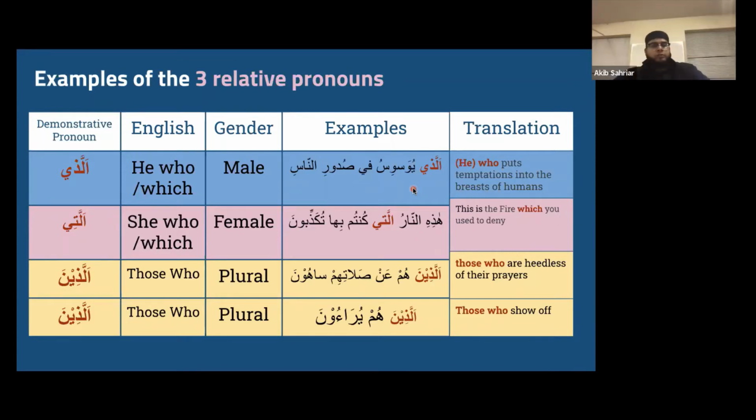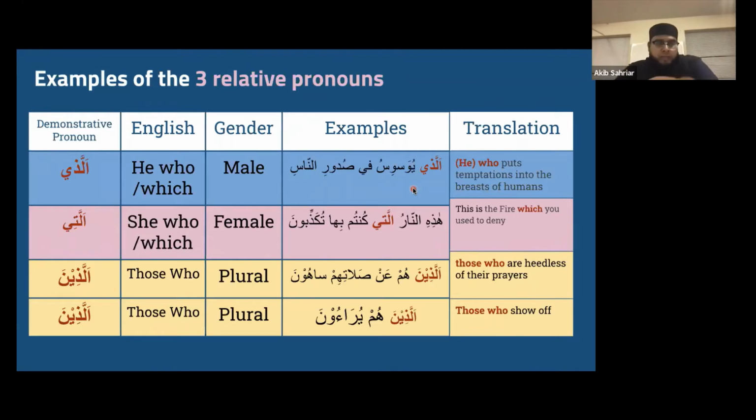That is, in their hearts. So alladhi is the relative pronoun that's referring to shaitan, who's not mentioned in this verse. Shaitan was already mentioned before: قل أعوذ برب الناس ملك الناس إله الناس من شر الوسواس الخناس. So khannas is that noun that we're referring to. Min شر الوسواس الخناس الذي يوسوس.